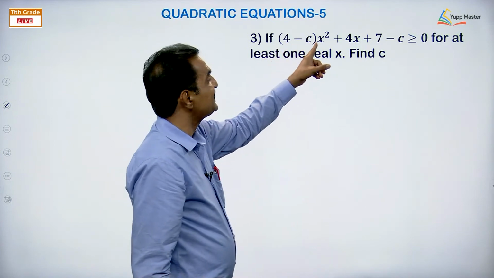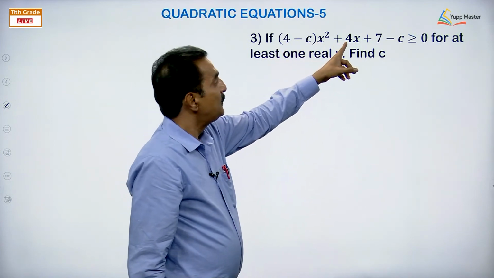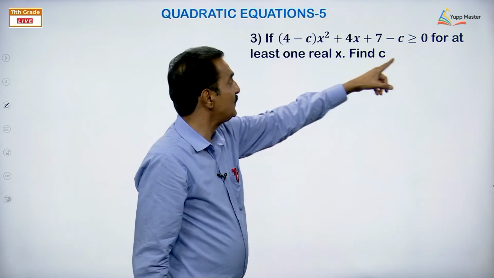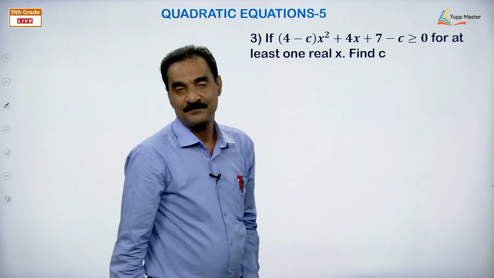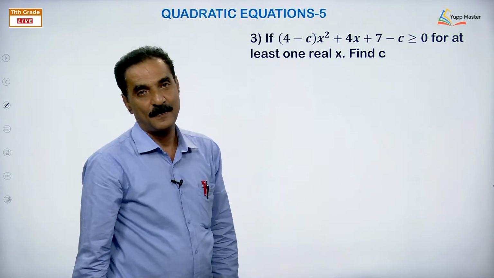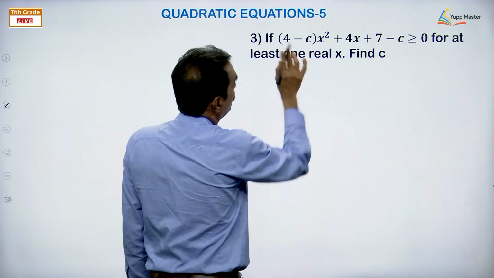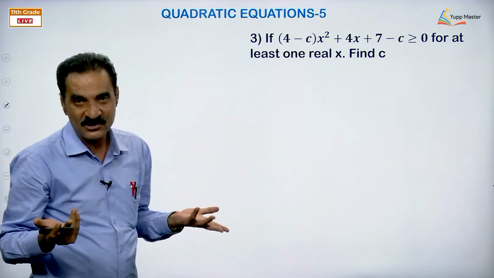If 4 minus c into x square plus 4x plus 7 minus c is greater than or equal to 0 for at least one real x, find c. Here the x square coefficient is 4 minus c, we do not know whether it is positive or negative.